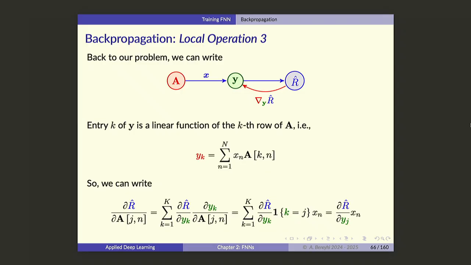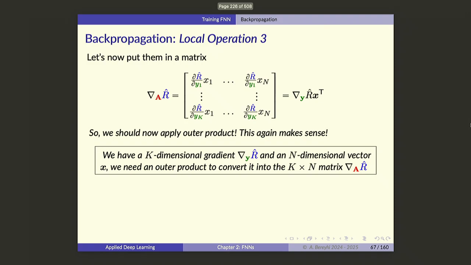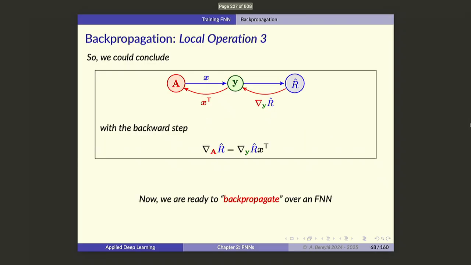But maybe it's a bit harder to see it here, but intuitively you can always see it, right? So this is the outer product, and what you can conclude is that the gradient of r hat with respect to a is the outer product of that vector x, which is the derivative of the linear transform, times the gradient with respect to y, right? Again, it's going to make sense because you want to just match the dimension. Everybody's cool? Questions? No question?